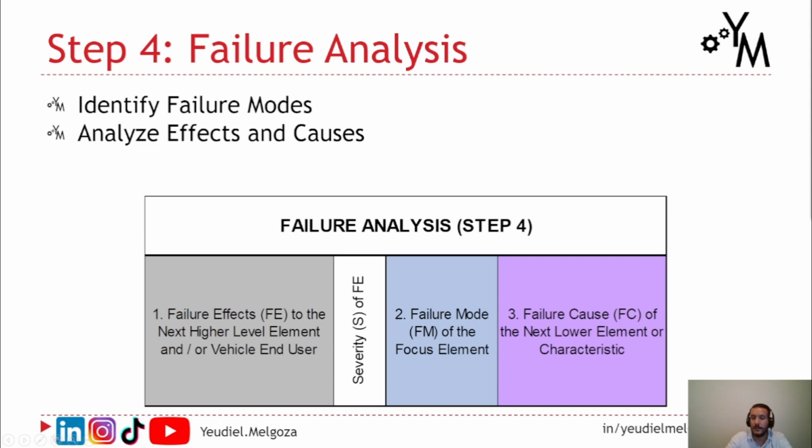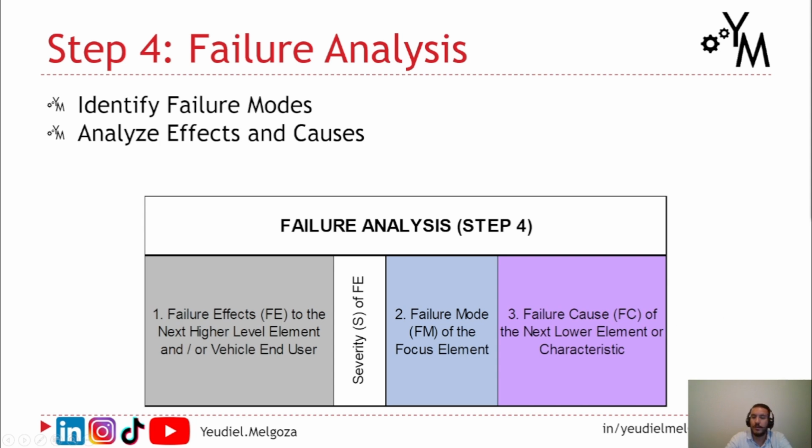So basically this is what we are going to analyze. And finally, a failure mode leads to a failure effect triggered by a failure cause. So this is how this works.